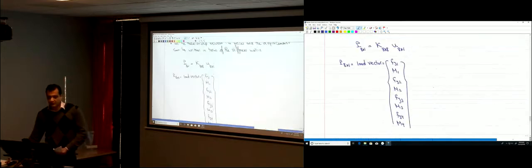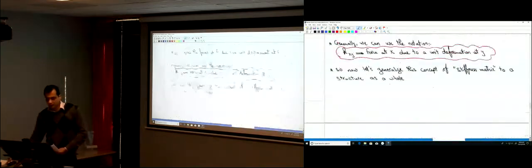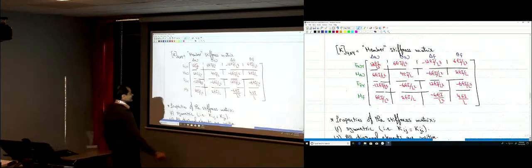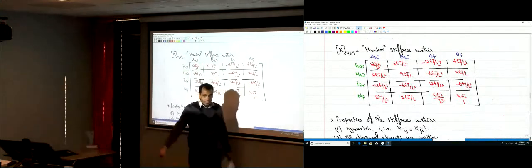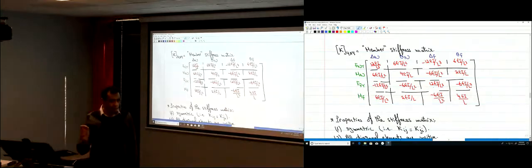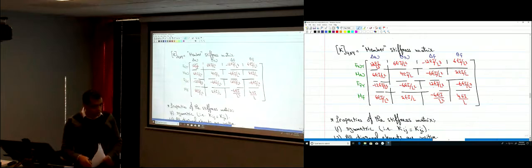From the element stiffness matrix. You remember last time and today we started by writing this. What's this? This is the element stiffness matrix. A beam element stiffness matrix is just 4 by 4, while the overall stiffness matrix for the entire structure can be any size depending on the geometry of the structure.